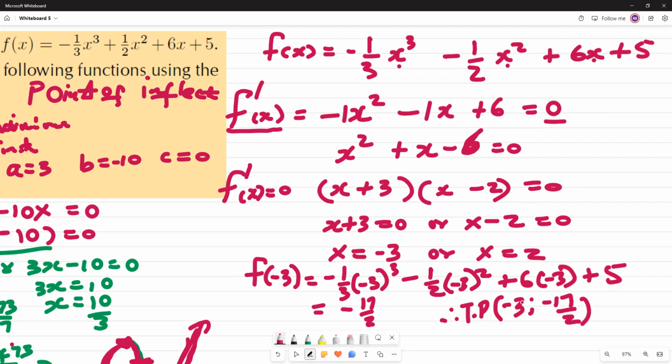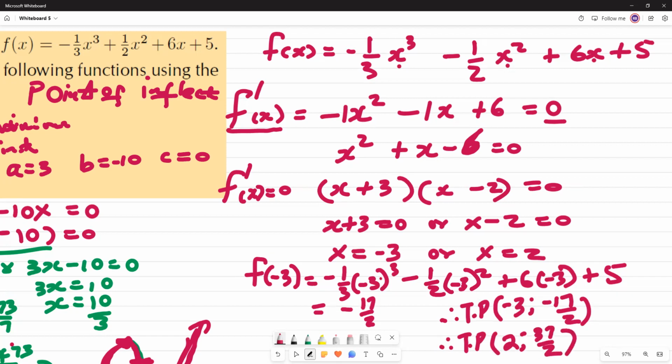So +2. I'm getting 37/2, which means therefore the second turning point will be 2 coordinate 37/2. Those are your two turning points.